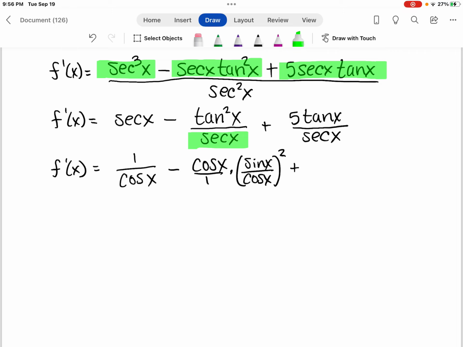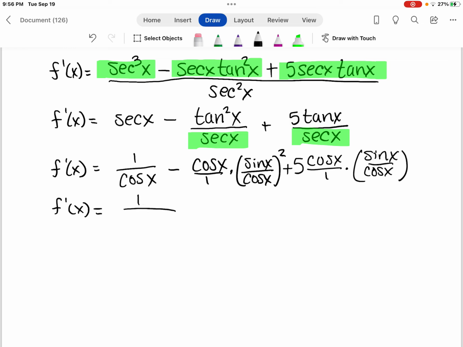I'm going to do the same thing here. This secant in the denominator, since secant and cosine are reciprocals, I can rewrite that as cosine x, and I'm going to put a 1 under it so my fractions line up. And then tangent is sine x over cosine x. I need to make sure I carry down my 5. So I just rewrote everything in terms of sine and cosine so I can try to simplify further.